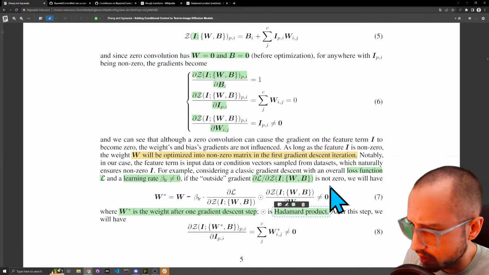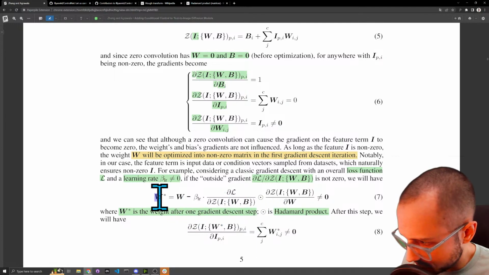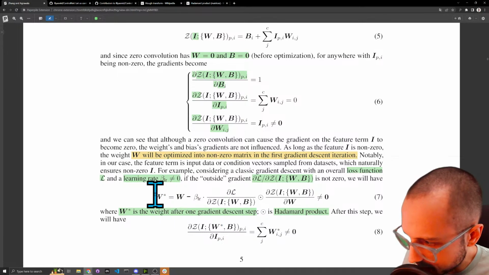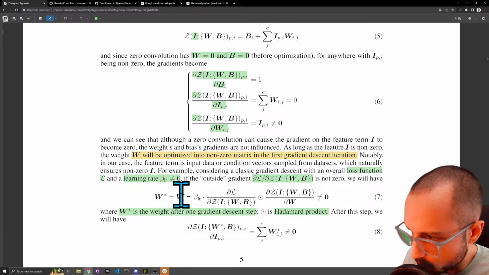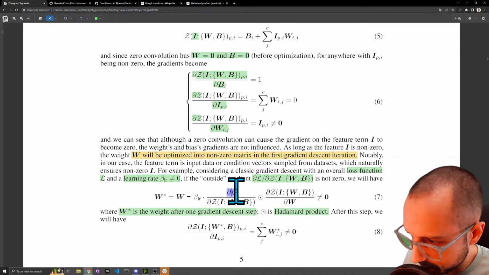Here what they're saying is that the weights after your first gradient step are going to be the weights before your first gradient step minus the learning rate times the derivative of the loss with respect to the 0 conv, with the Hadamard product of the derivative of the 0 conv with respect to the weight.